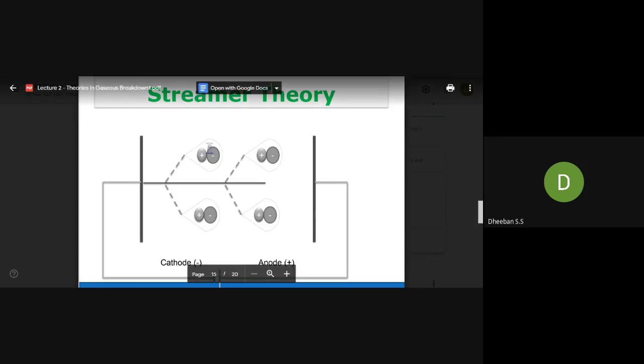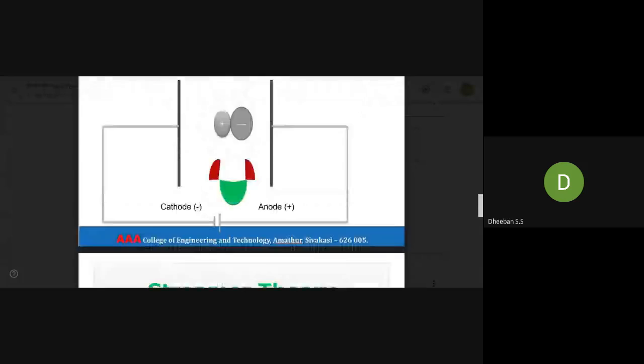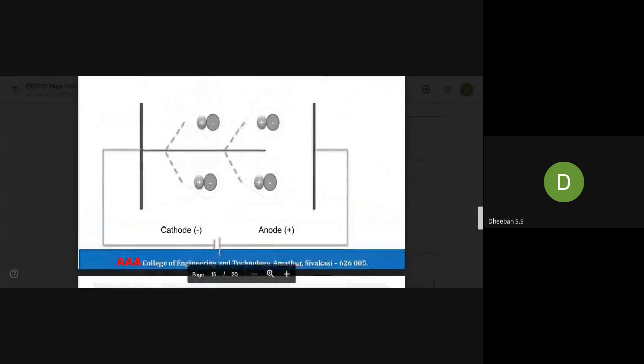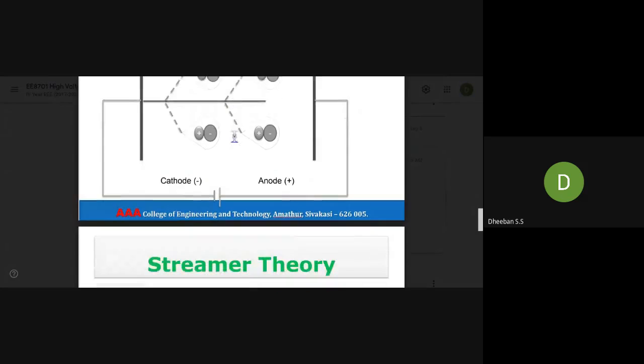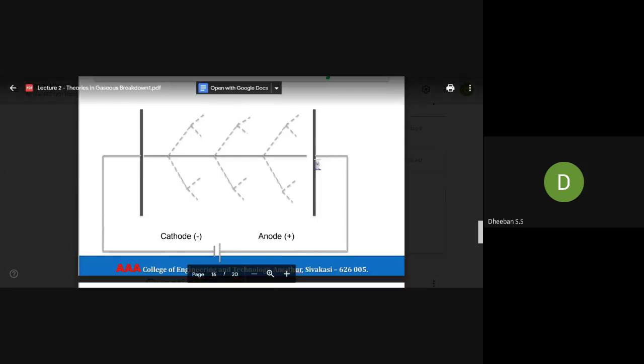So this charge keeps increasing. Initially it started from a single point, and now it gets multiplied, multiplied in the form of a string. Okay, so finally you'll be getting it in this fashion.